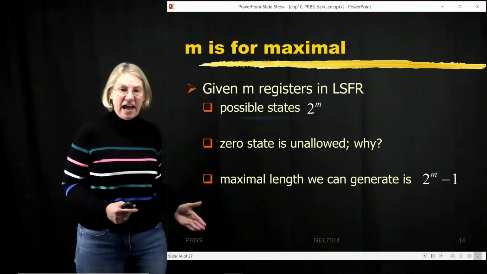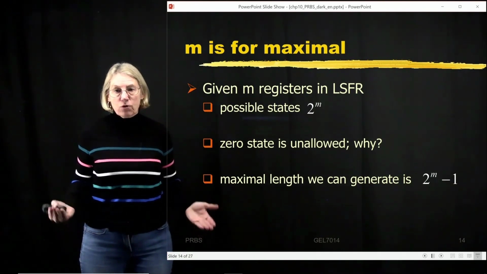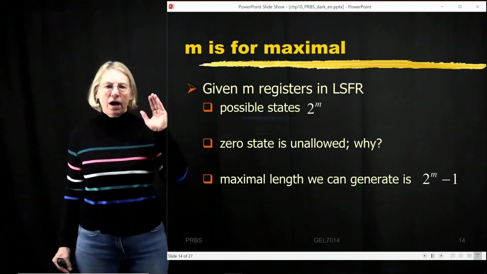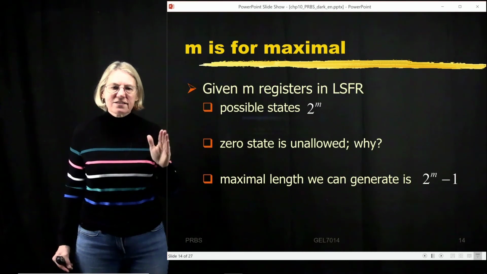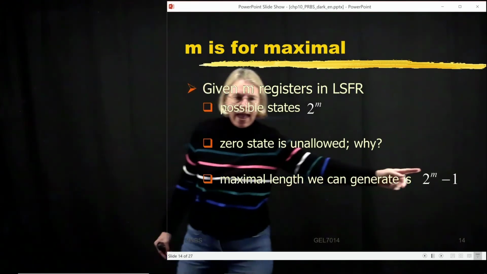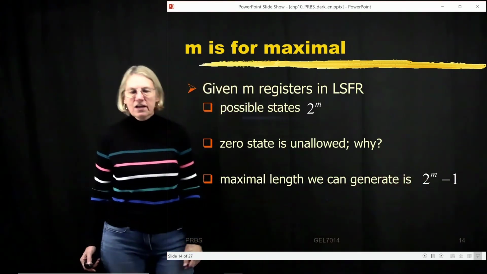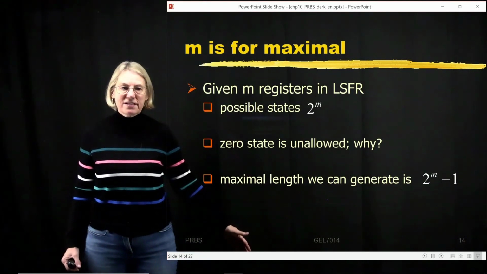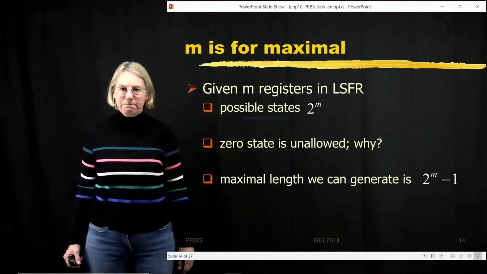After that, I have counted through all the states, and of course it will start repeating because I get back to the same state. So the M sequences have this property that for M registers, the length of the sequence generated is 2 to the M minus 1.